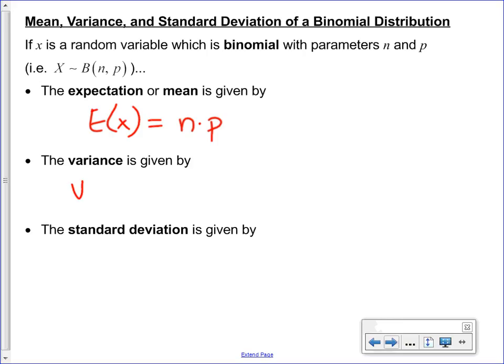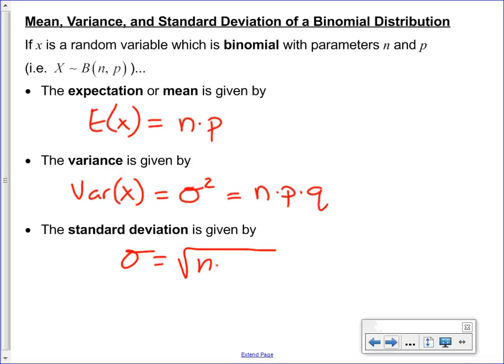The variance, which remember is sigma squared, is n times p times q. So you multiply the total number of trials, the probability of success, and the probability of failure. And then the standard deviation is just sigma, which is the square root of n times p times q. So again, to appreciate why this is so simple, there's a whole big explanation.